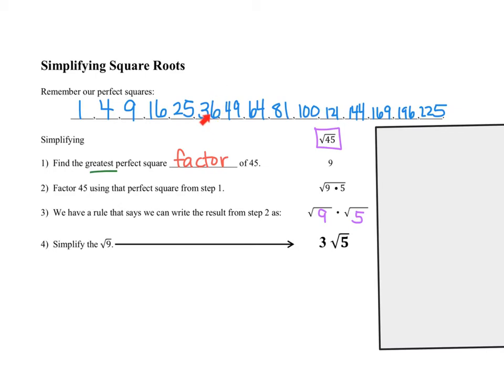It's not divisible by 36, it's not divisible by 25 or 16, it's only divisible by 9, not even 4 or 1. So 9 is the greatest perfect square that 45 is divisible by.